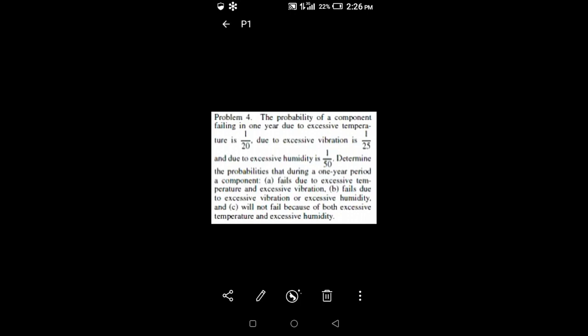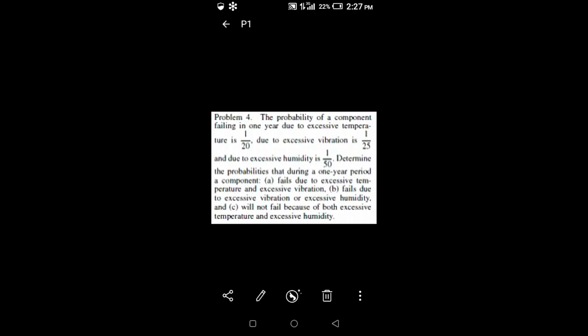The probability of a component failing in 1 year due to excessive temperature is 1/20. Due to excessive vibration is 1/25, and due to excessive humidity is 1/50.